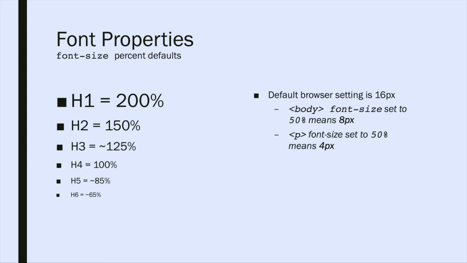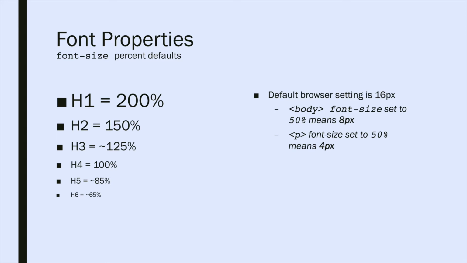If you size everything down, for example, your default browser setting is 16 pixels. But if you set the font size of your body to 50%, that means it's 50% of 16 pixels, which is 8 pixels. Then, if you set the font size of your P tags to 50%, that means 50% of 50% of 16 pixels is 4 pixels.